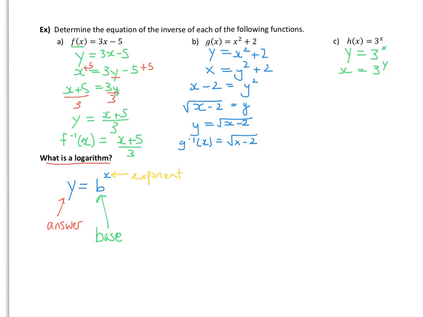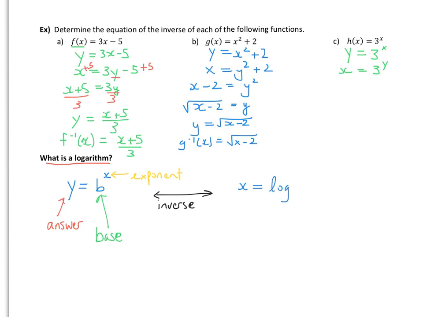So if I want to write that in its inverse, if I flip that over to its inverse, this is what it looks like. Trust me on this for now. What it's going to look like is x, so the exponent, is equal to log.